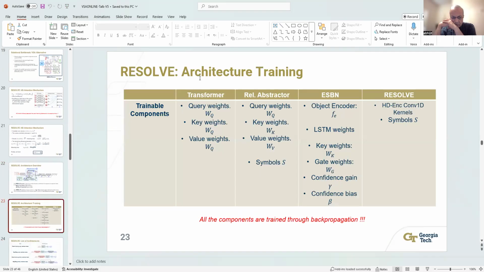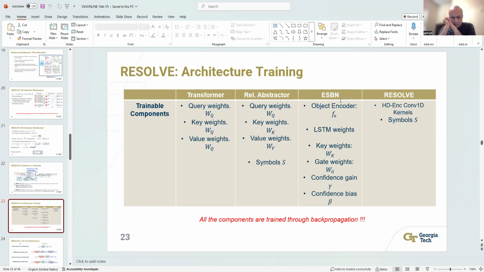Here in this table, we provide all the trainable elements of the ReSolve and all the baselines we compared against. We have the transformer. For the transformer, we have WQ, WK, and WV. For the relational abstractor, we have WQ, WK, WV, and the set of symbols.